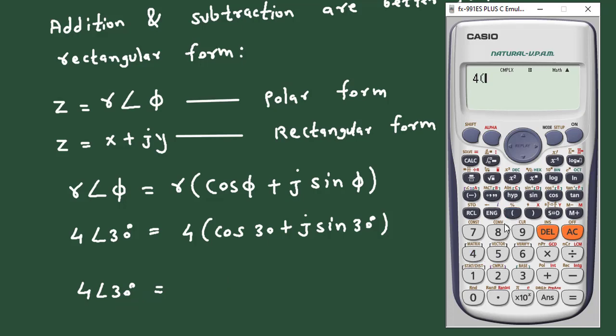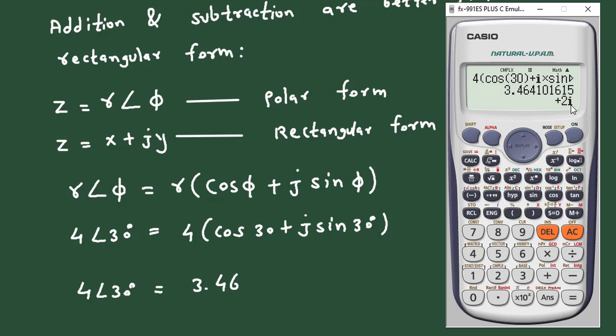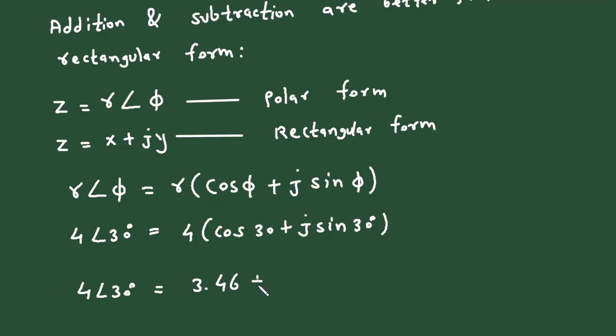So 4 in bracket cos 30 plus j into sin 30. So it is 3.46 plus j2.